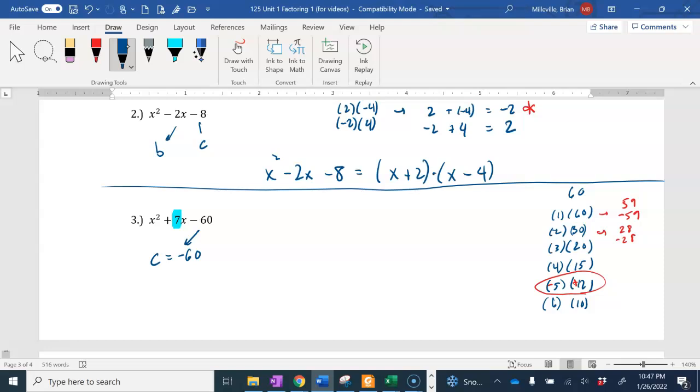My recommendation would be, if you have a negative constant term, think about adding and subtracting the positive factors to help you determine what the appropriate factorization should be. So we're going to get x and x, and we're going to have plus 12 minus 5 for this example. Again, you can check it by multiplying it out.